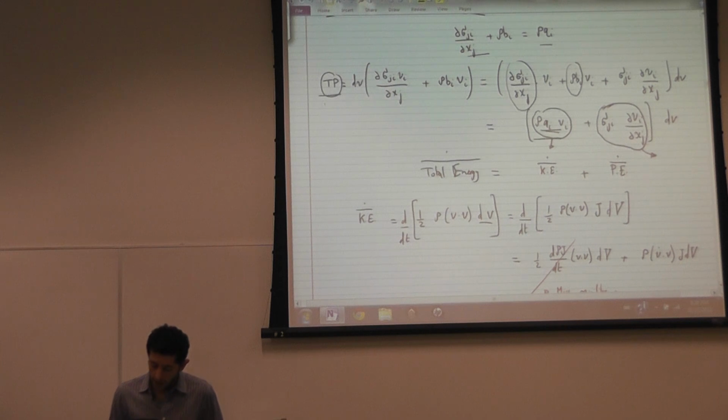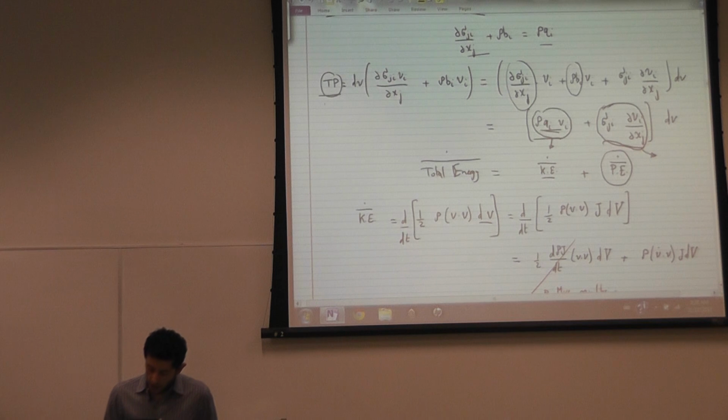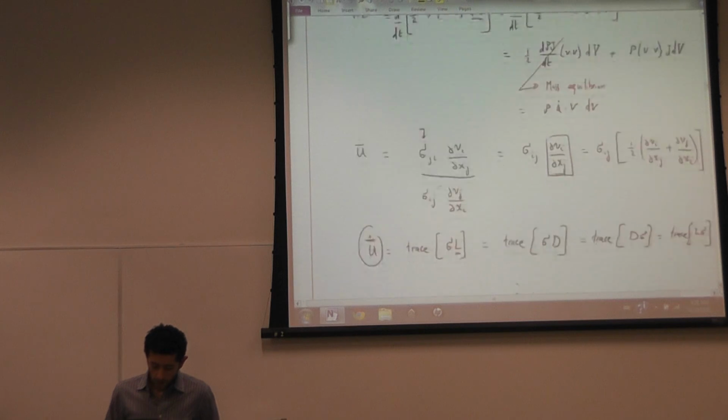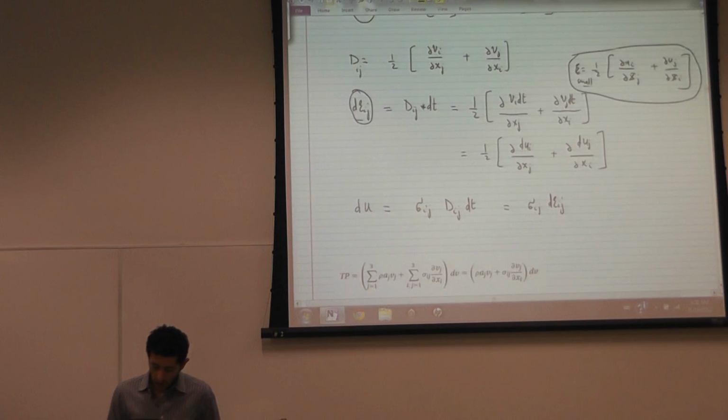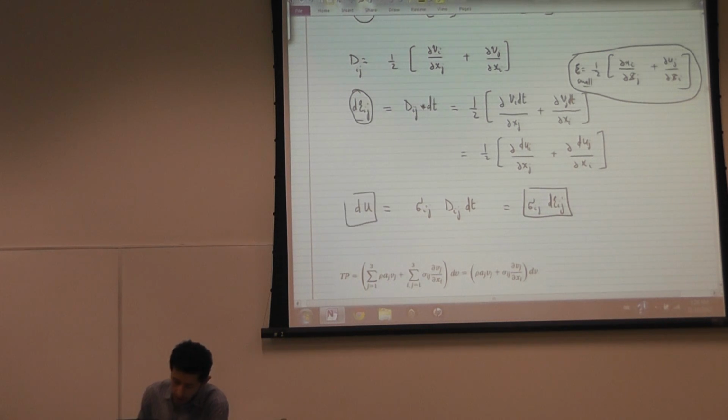One is the kinetic energy, the other I'm going to call the rate of change of potential energy of the continuum, or the internal energy. When I further analyze that internal energy, it turns out to be equal to sigma ij d epsilon ij. So this is equal to the internal energy as the object is deformed.